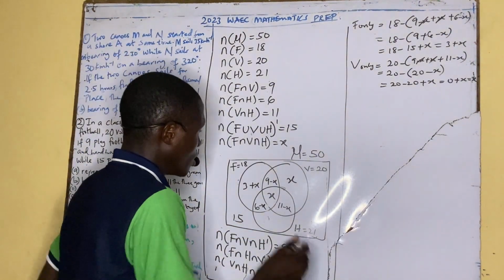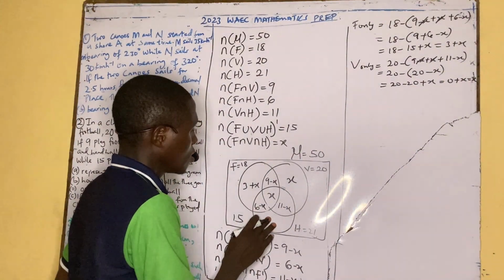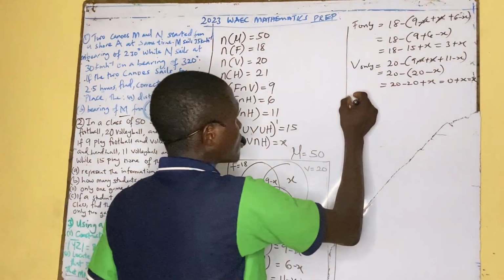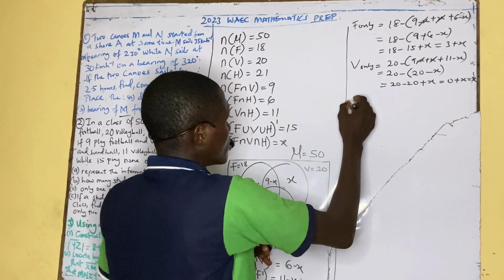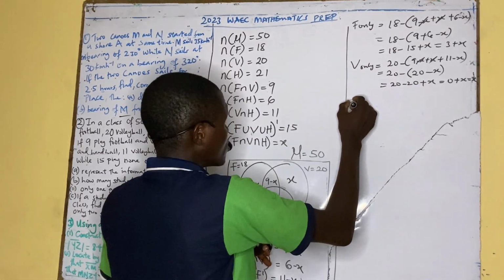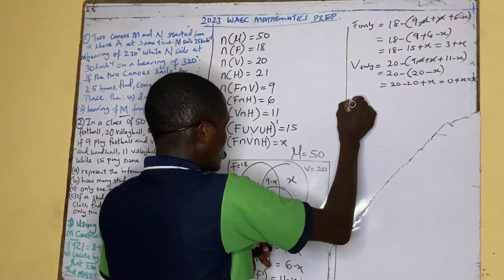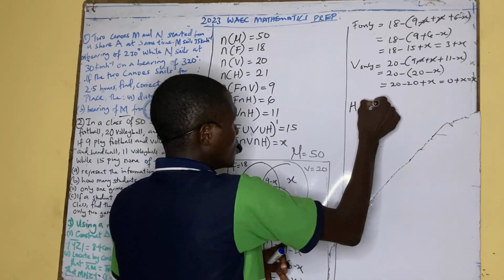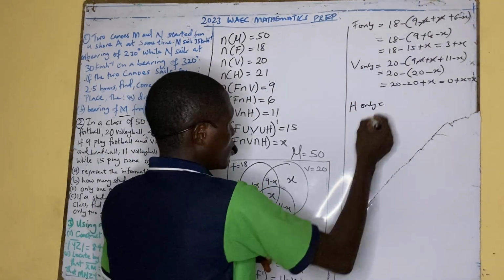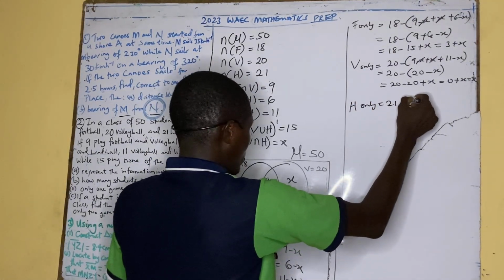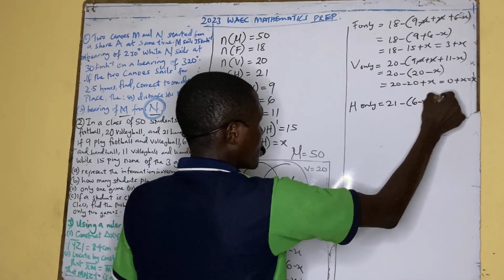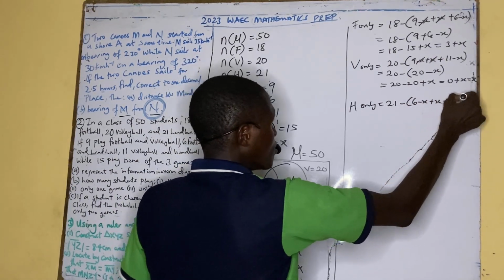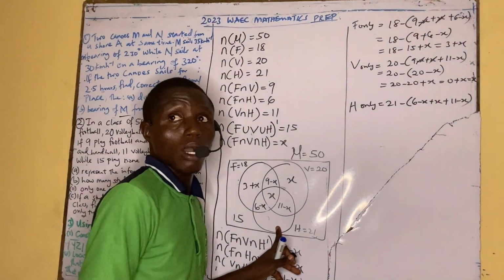Wow. So the other one is this, handball only, which will be equal to 21 minus 6 minus X plus X plus 11 minus X. I hope we are following.